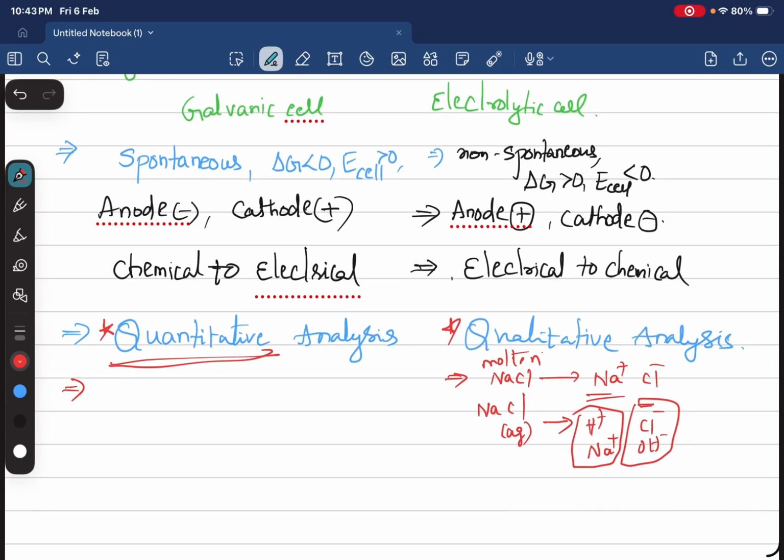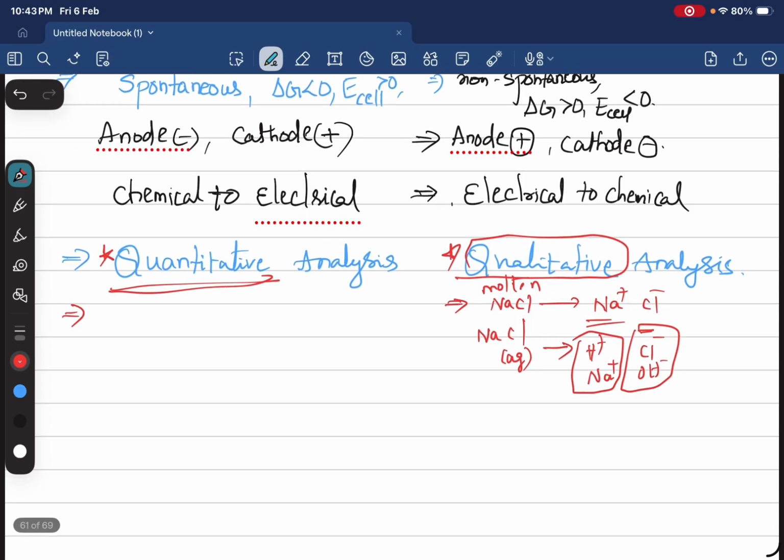In the simple way, how much metal or gas is deposited or liberated over the electrodes with respect to the charge is called quantitative. How much quantity is quantitative, and what is formed is qualitative. So this is just basic definitions. Under quantitative we discuss two laws: Faraday's first and second law.